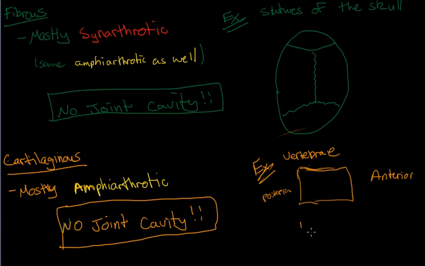Posterior. And these vertebrae aren't touching, right? You can imagine how painful that would be if you had bones grinding all the time. But there's no real motion. There's some flexibility allowed there, but you're not moving it like a shoulder.